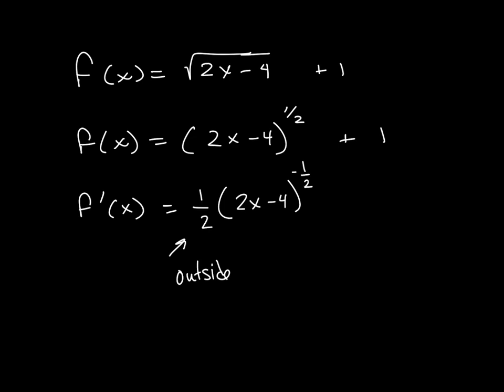Now, finishing the function, the derivative of a constant is just 0, so I don't need it. Now the next step is I need the derivative of my inside function, 2x plus 4, which in this case again is just 2.